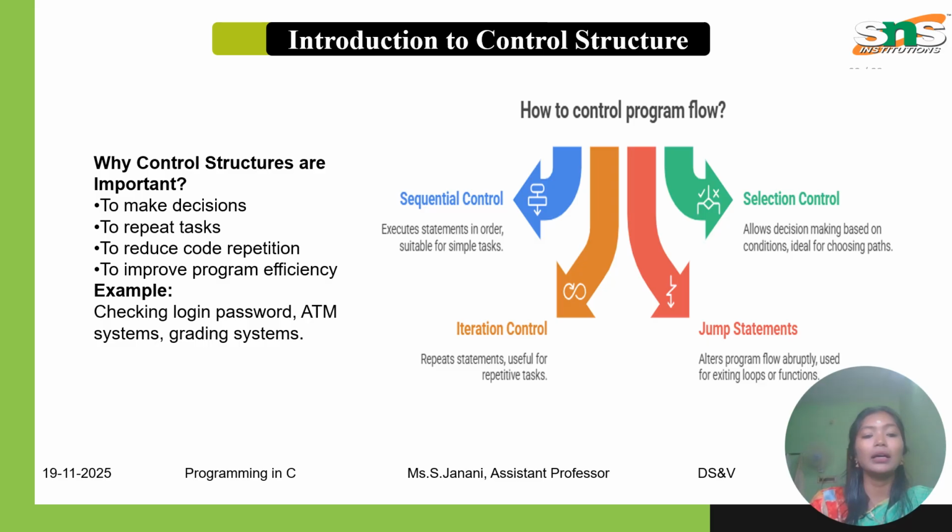Why are these control structures important? They make decision making and repeat tasks, reduce code repetition, and improve program efficiency. Checking a login password or ATM password is a main example. When withdrawing an amount in an ATM machine, it immediately responds by generating an OTP or a message.